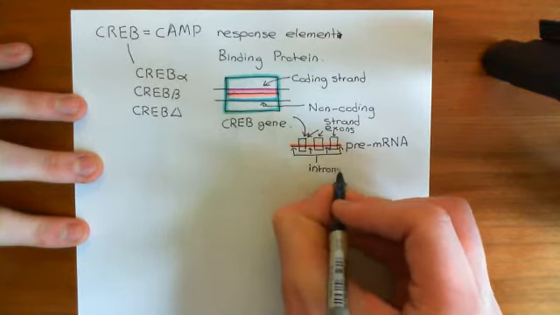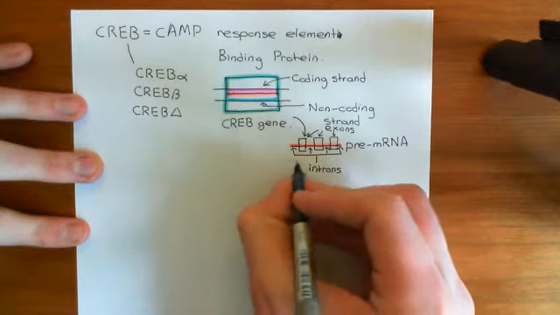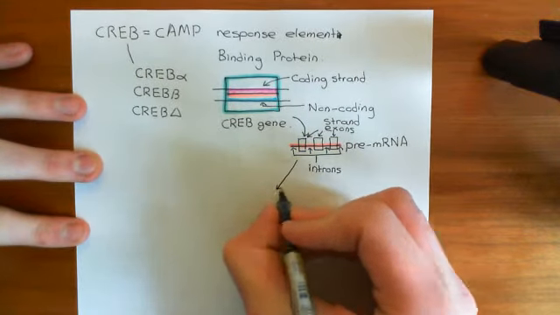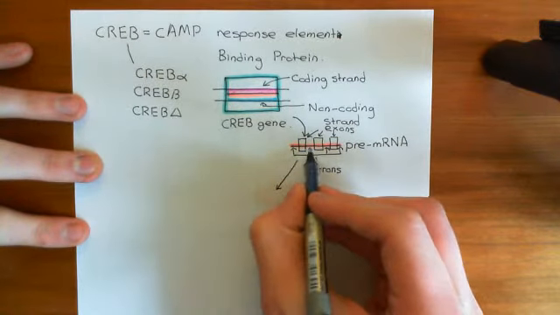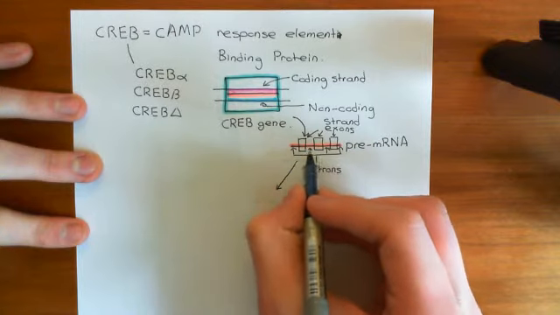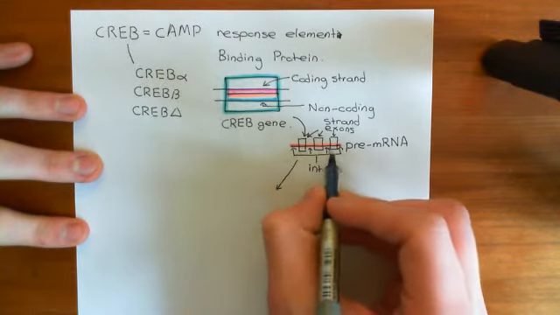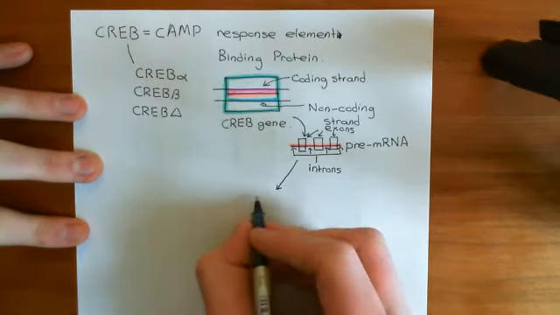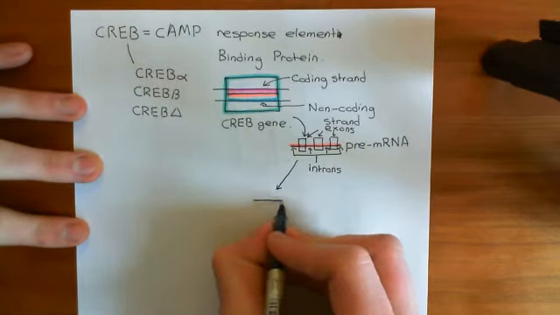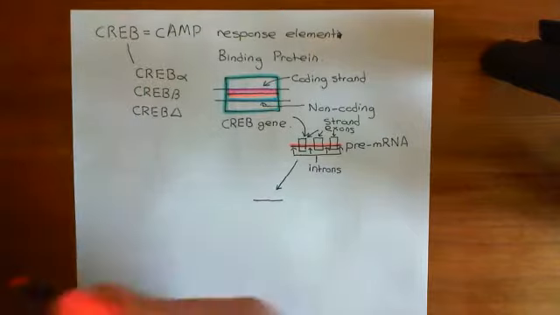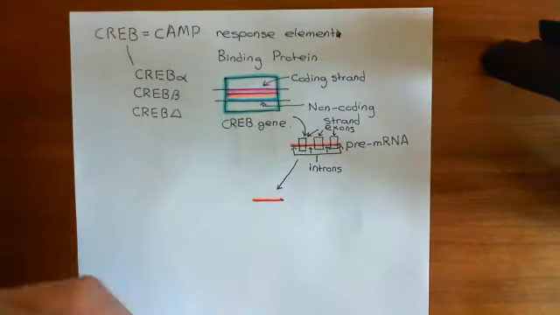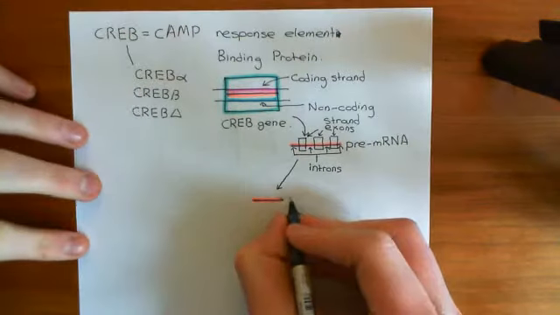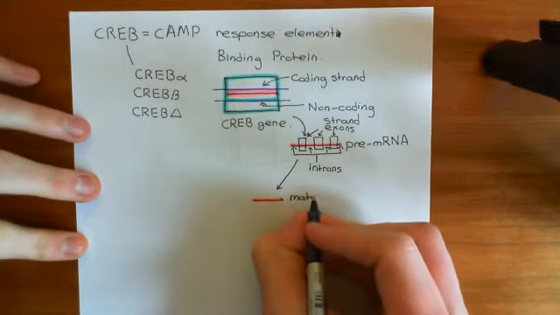So what now needs to happen is some post-transcriptional modifications. You need to cut out the introns of your piece of pre-mRNA, and glue the exons back together afterwards, and then you'll get a much smaller piece of mRNA, shown here, known as a mature mRNA.